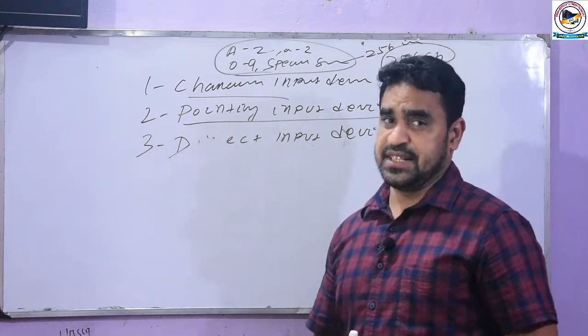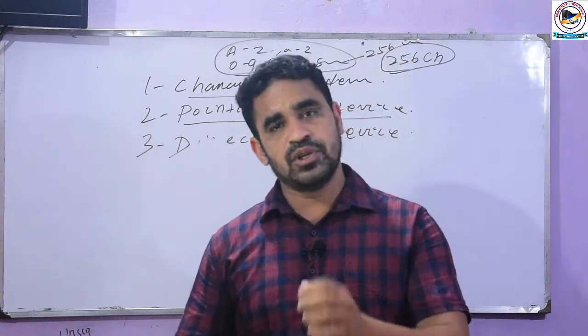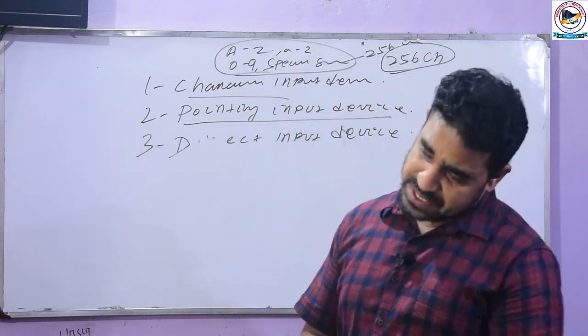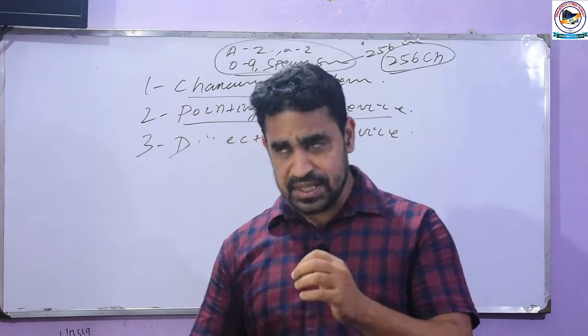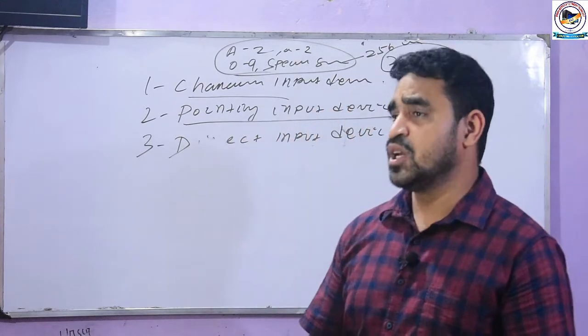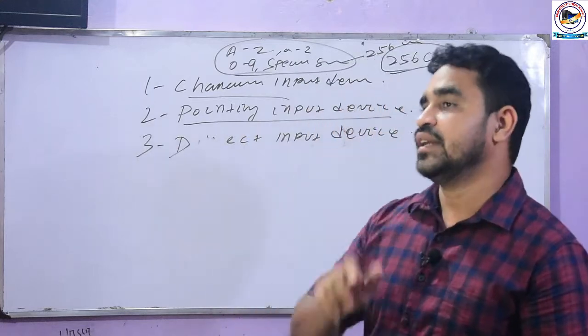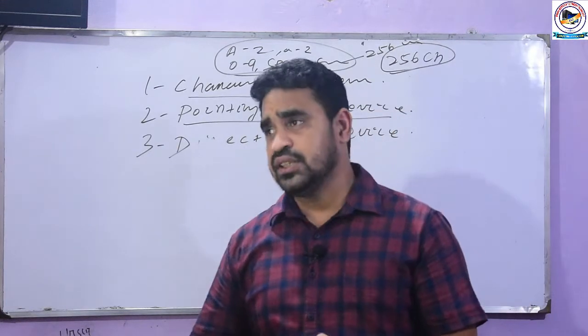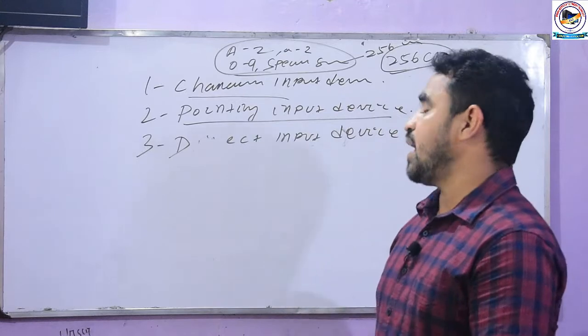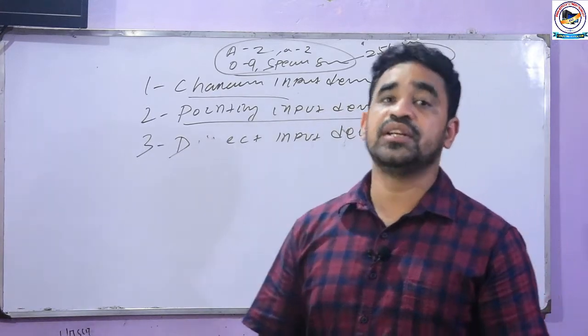Then joystick. Joystick is also a pointing input device through which we point on a specific location. It is basically used in cyber cafes for playing games, to move the cursor quickly on the screen. Then another is the light pen. Light pen is also an input device.